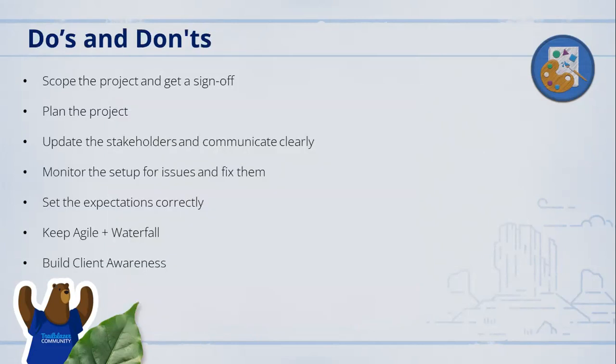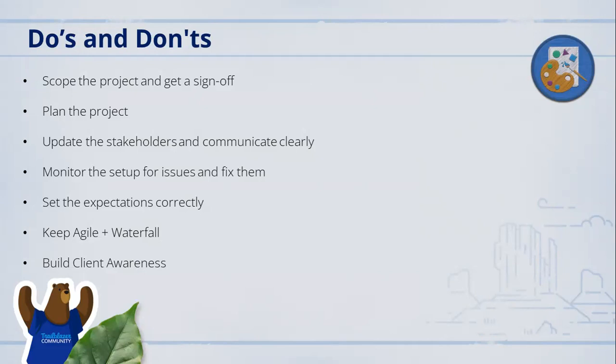These are certain do's and don'ts overall. From the various implementations I have done and seen, it's very important to scope out the project correctly, get a sign off or buy-in from the customer, plan the overall project, share the overall plan with the customer, update the stakeholders and communicate with them clearly during the implementation integration, so that everyone is aware of the project statuses.